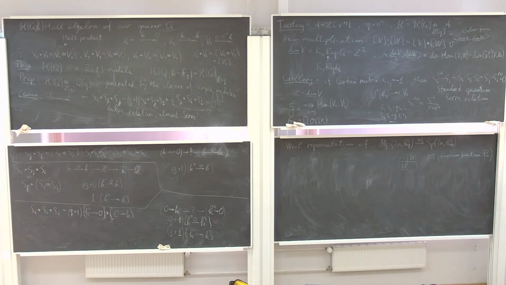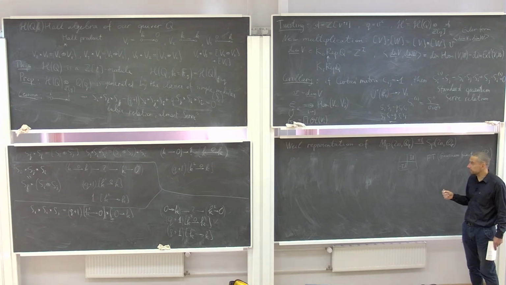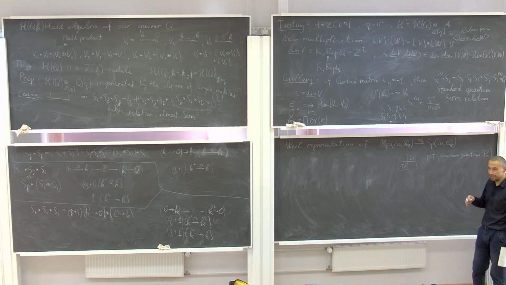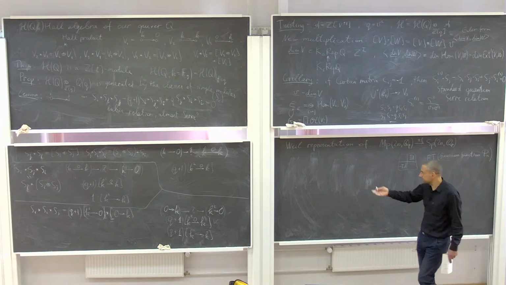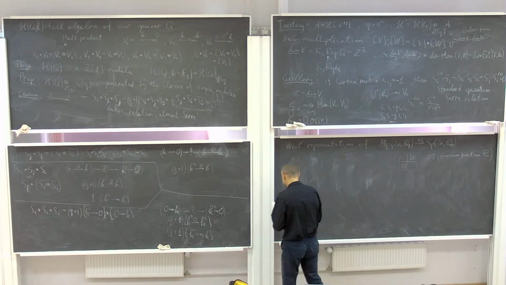So it's not very convenient for our applications. Another good space of functions is Schwartz functions, rapidly decaying functions, and they are preserved by the Fourier transform. That's the standard fact from real analysis. And the same holds for the p-adic situation. So I will start by explaining this.